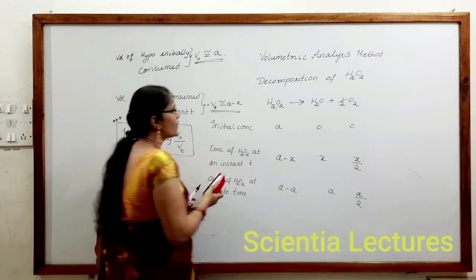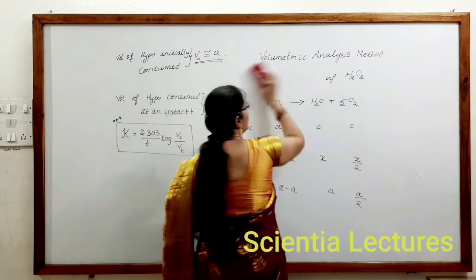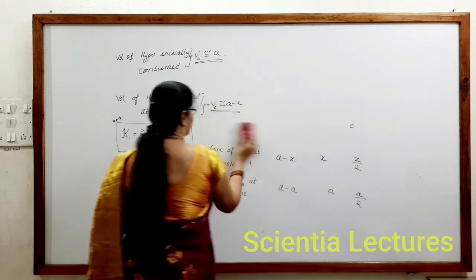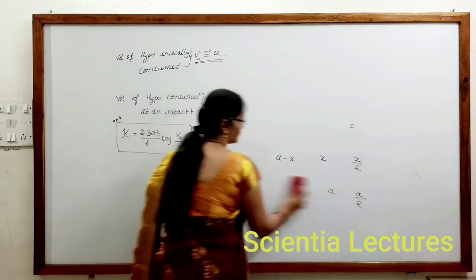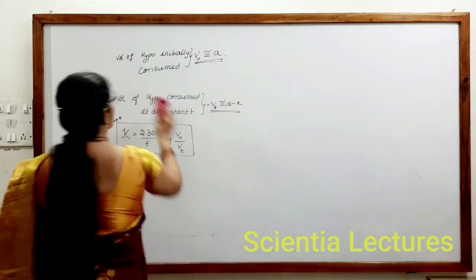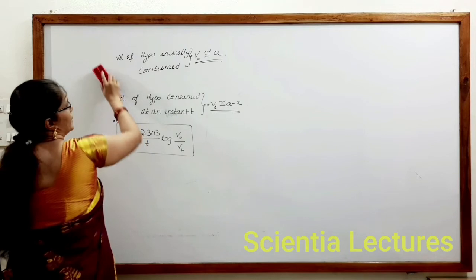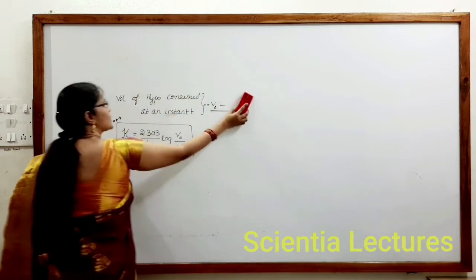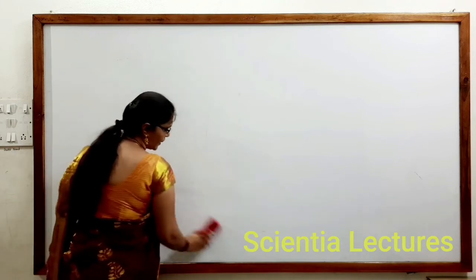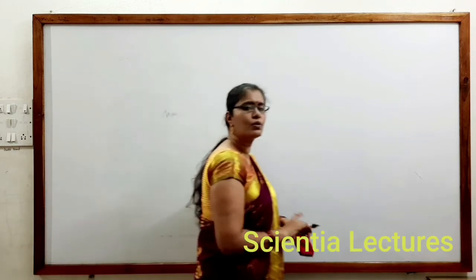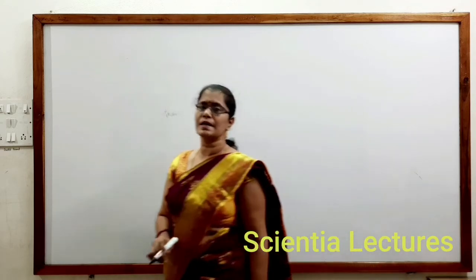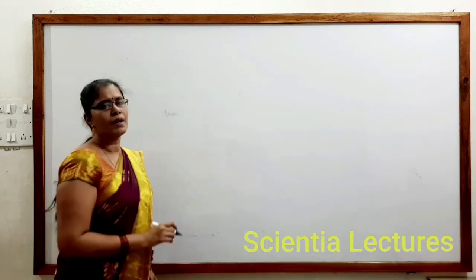That is the purpose of titration, where the end point or the completion of the reaction can be found. So volume of hypo initially consumed is equivalent to A. Volume of hypo consumed at an instant T is equivalent to A minus X. Therefore, rate constant K1 must be equal to 2.303 by T log of V naught by Vt, instead of A by A minus X.